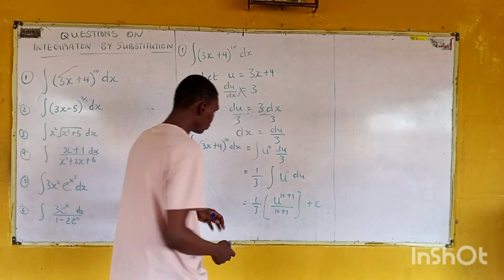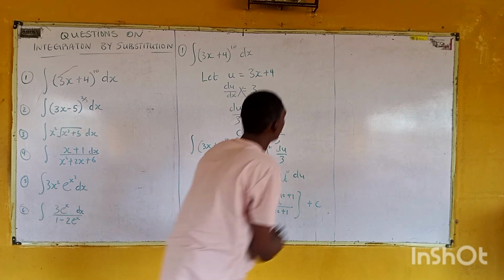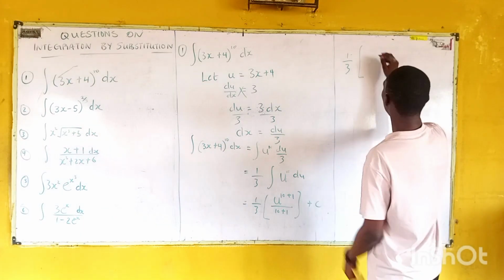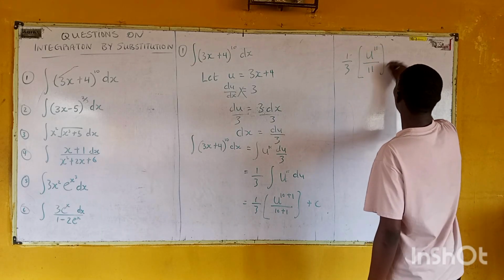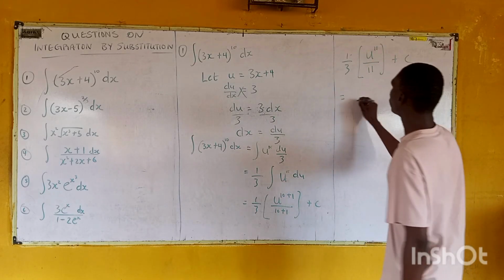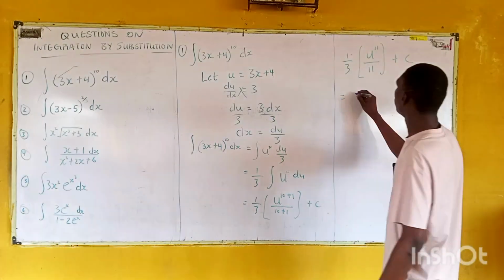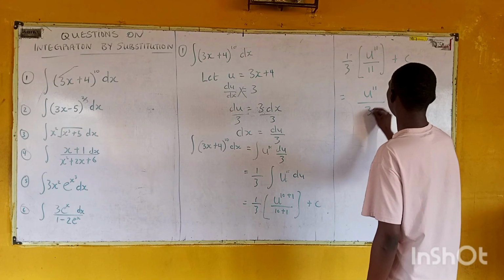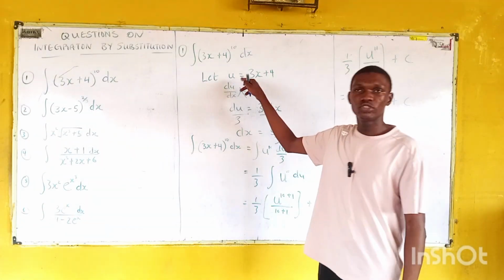So we have 1 over 3 times u raised to power 11 over 11 plus c, which equals, when we multiply by the constant, u raised to power 11 over 33 plus c.